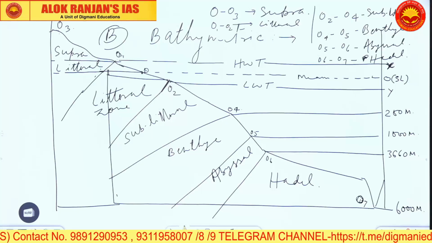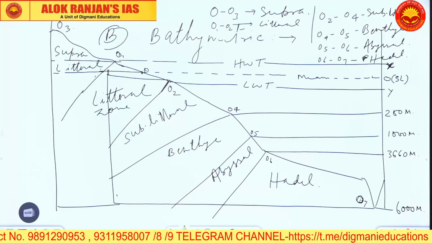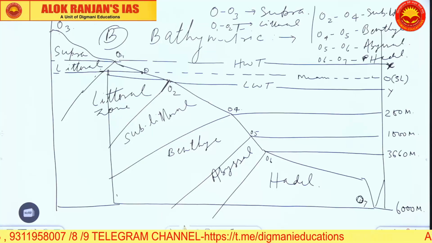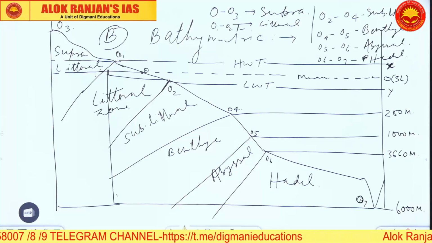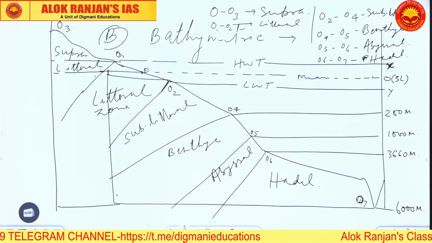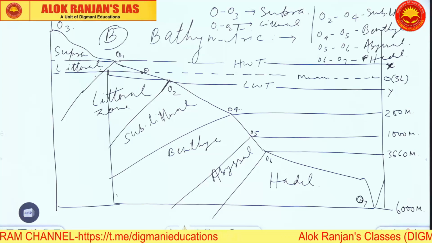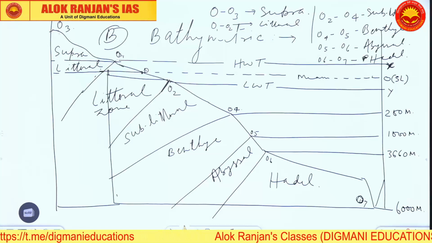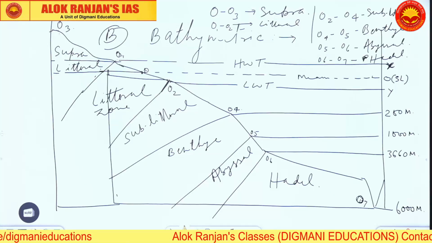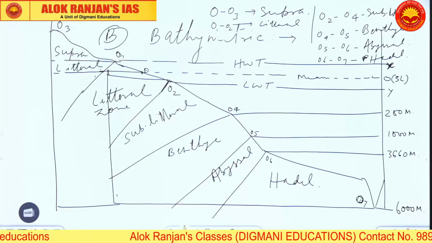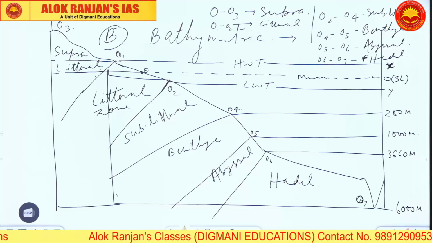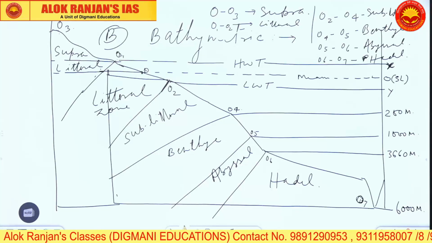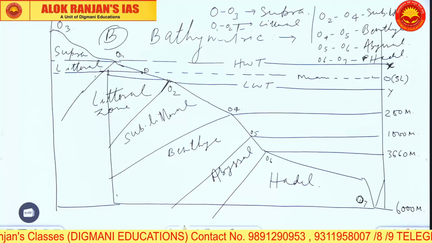Then 1000 meters to 3660 meters is the abyssal zone. And then 3660 meters, some books will give data different from 3660, they will give you 4000 meters.